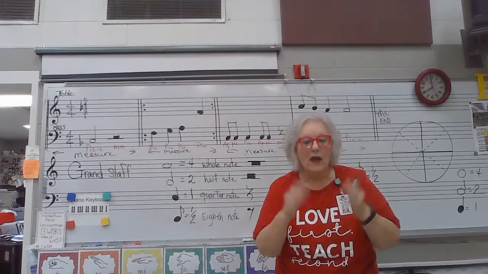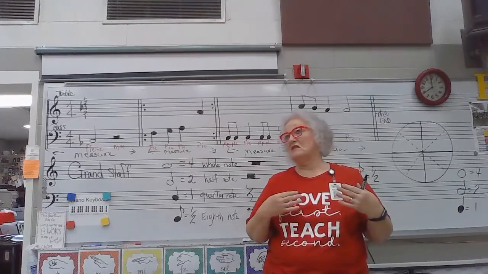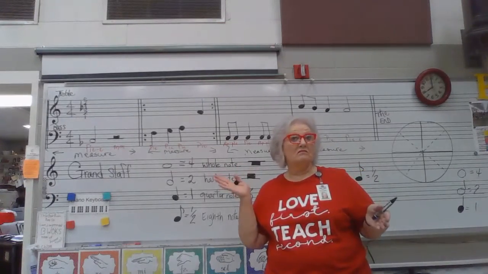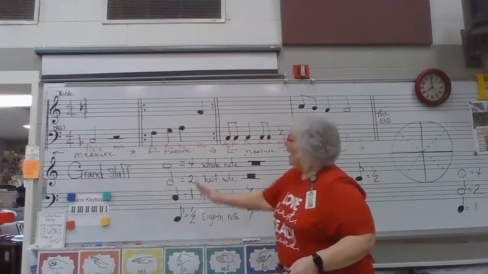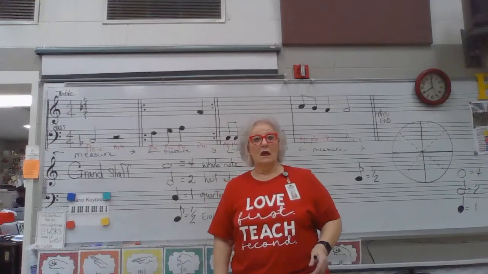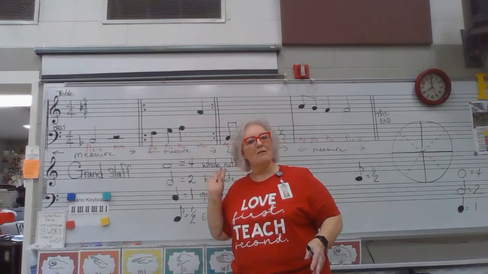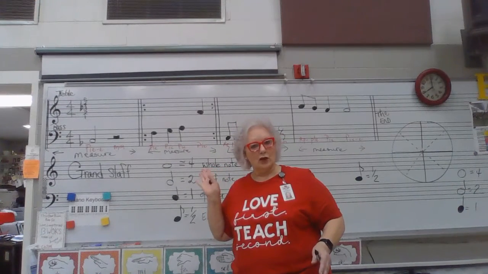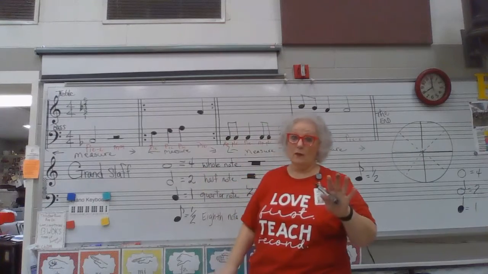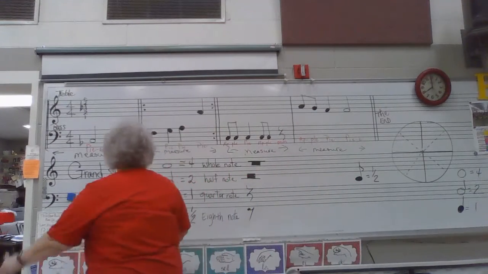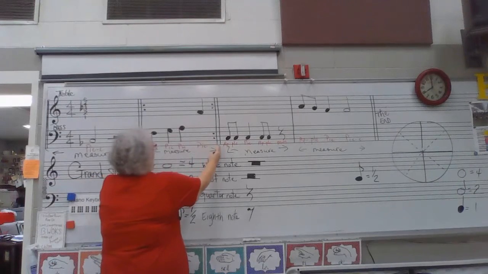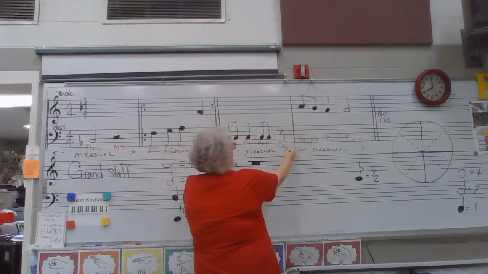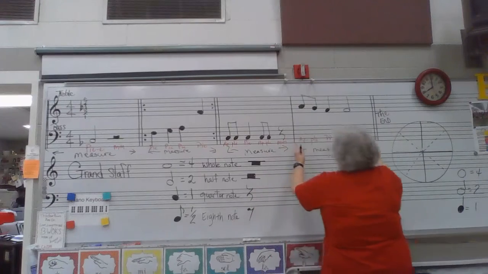Now we could be repeating the entire line if those double dots were here and at the beginning. But he just wants us to repeat that one measure. Remember what the measure is. The distance between bar lines. Here's a measure, here's a measure, here's a measure, and here's a measure.